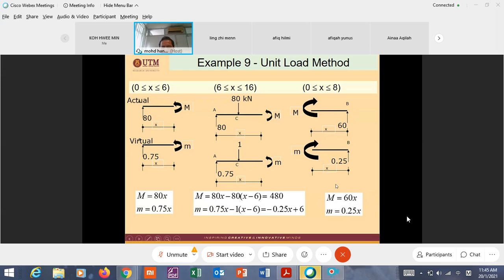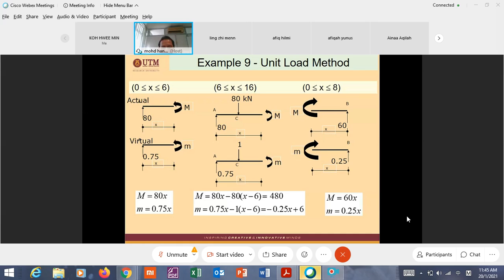Okay, now use the principle of energy. This is the unit load method. Delta equal to ∫ Mm over EI dx.